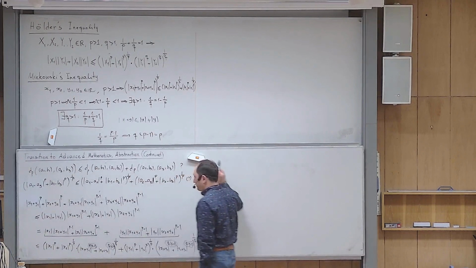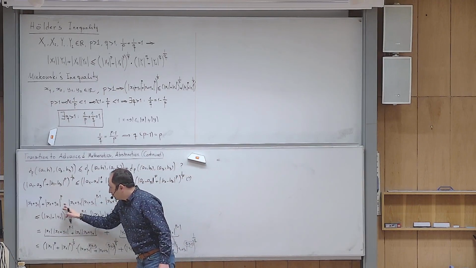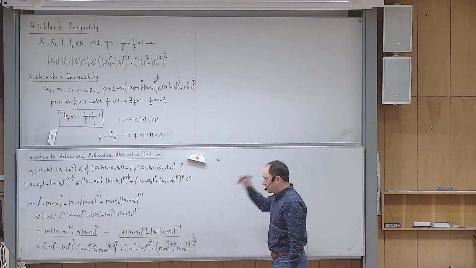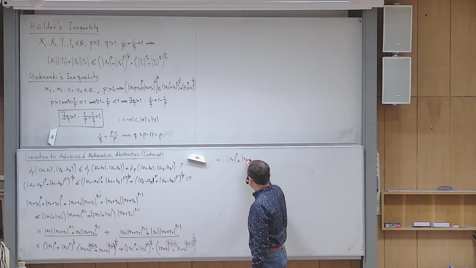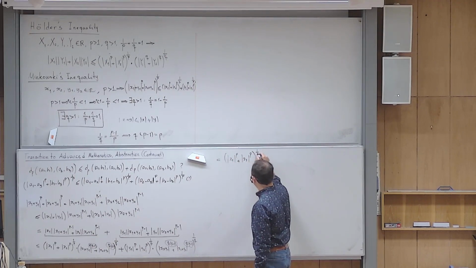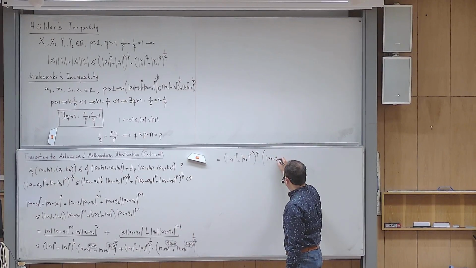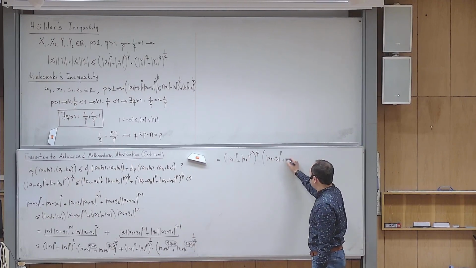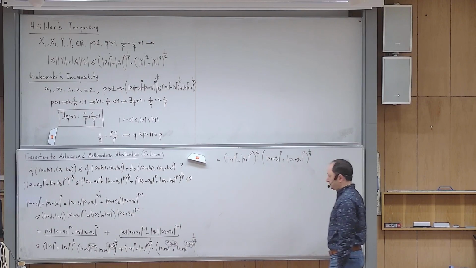But be careful, the problem is not finished yet. So again, equality. So don't get confused. I started with equality, inequality, equality, inequality, and then again equality. So what can I write? It can be absolute value of x1 to power p plus absolute value of x2 to power p, then to the power of 1 over p. But I can write the second term simpler by just writing x1 plus y1 to the power of p instead of that weird combination of q times p minus 1, plus absolute value of x2 plus y2 to the power of p, but to the power of 1 over q.